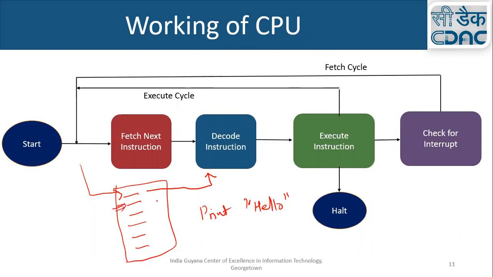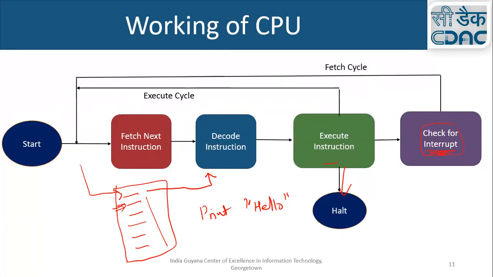The same process happens again and again, until it receives an interrupt. After each instruction, it checks if there is any interrupt. Suppose you press the shutdown key, that is the interrupt. After executing the current instruction, it reads the interrupt and executes it. Once the program finishes, your CPU halts. So that's the working of the CPU.